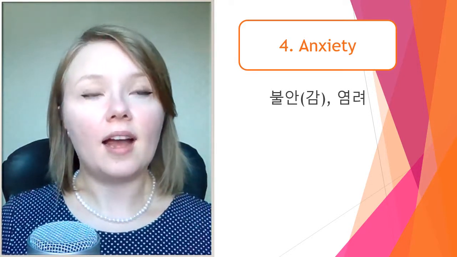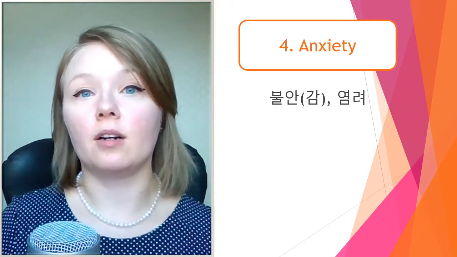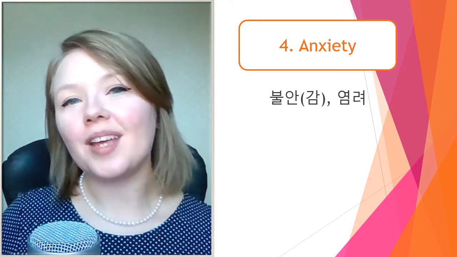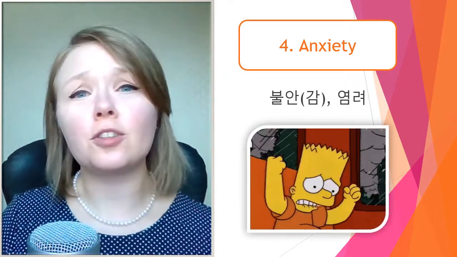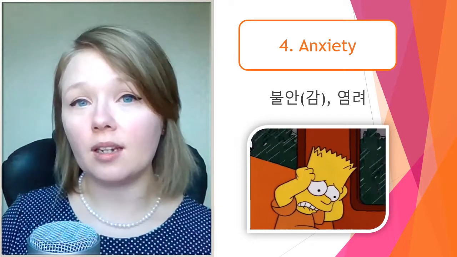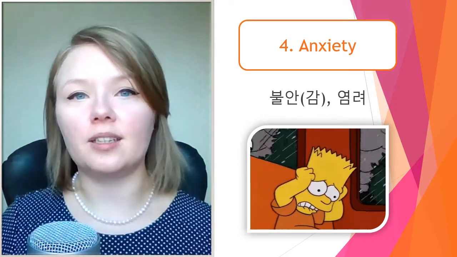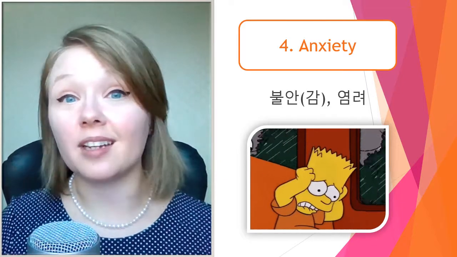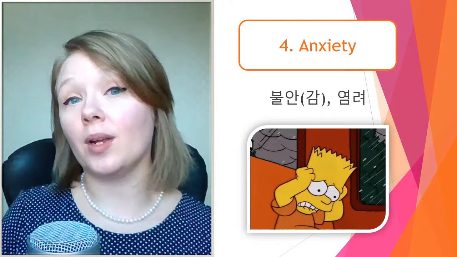The adjective form of this word would be anxious, which we will see later. So if you have anxiety about something, it means that you are feeling stressed, you're feeling really worried. Maybe when you're thinking about midterms or final exams or some big test like the TOEIC test, you might have some anxiety about it.